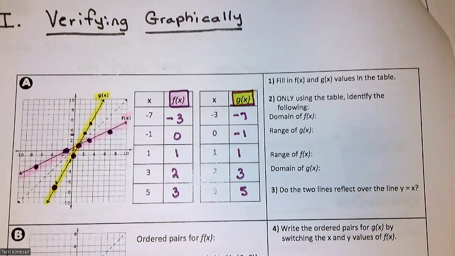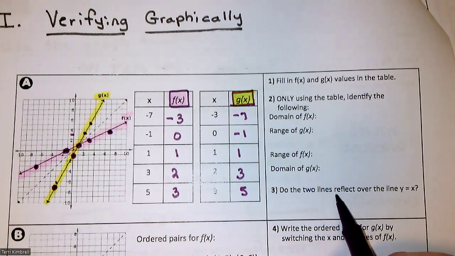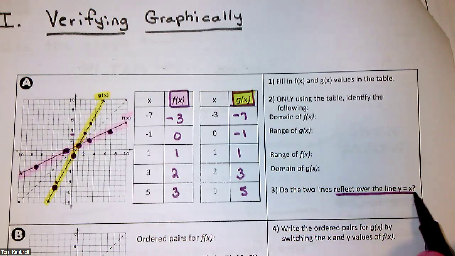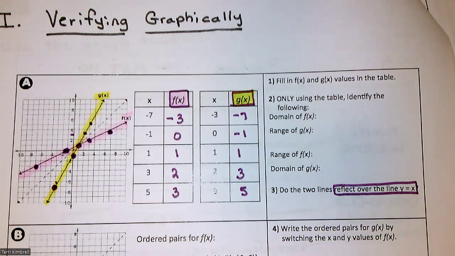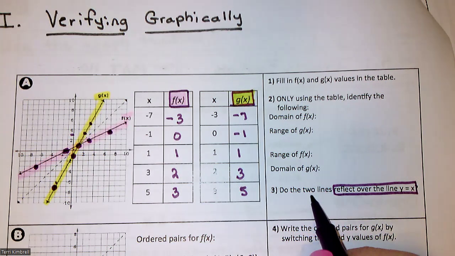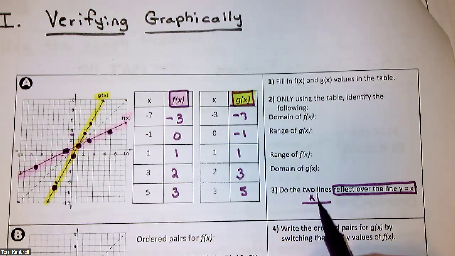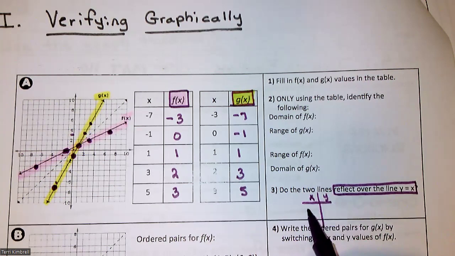Okay, so when you're looking at that, also the other thing about inverses is they must reflect over the line y equals x. And remember, that was our identity line. So y equals x, if you remember, is where you get back what you put in. So you get back the same number.